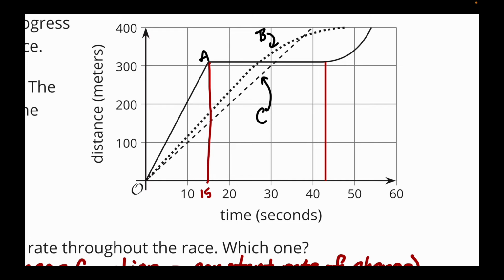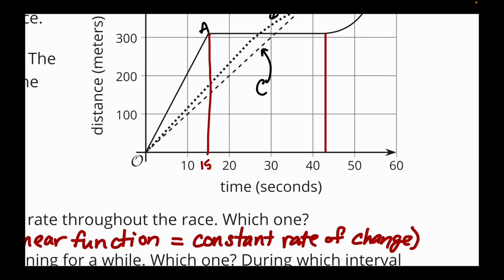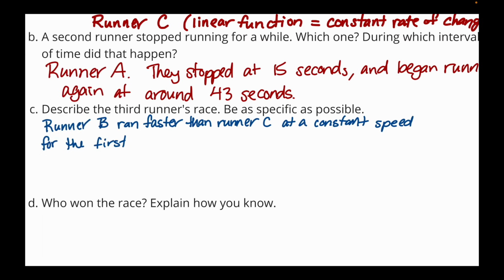So let's say for the first 25 to 27 seconds, but then began to slow, we'll say to gradually slow down.